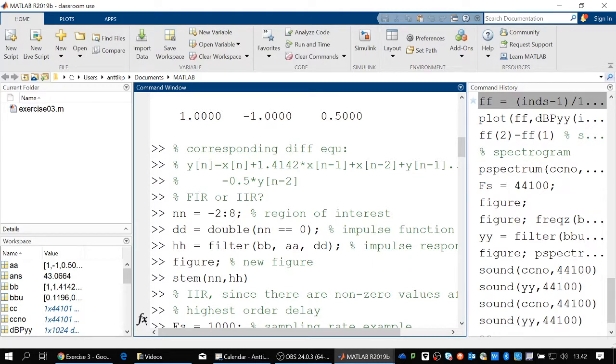You calculate the output: float y equals B0 times x plus B1 times x1, x with the time delay.